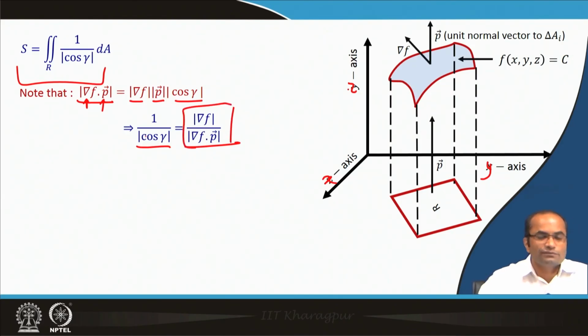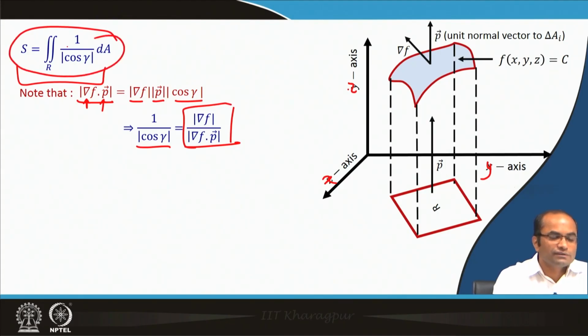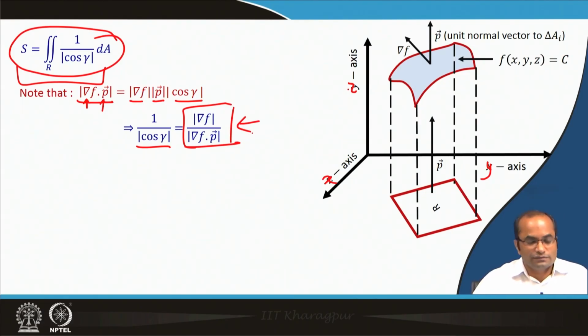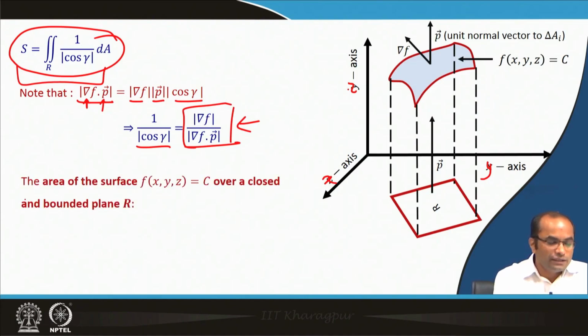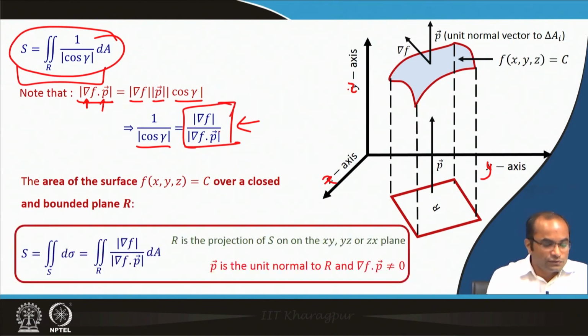Here we do not have to compute this gamma, because in this form the evaluation of the surface integral is certainly difficult. So we are forming a new formula which we can simply use to get the surface area. That is the relation here, and we replace it with del f over del f dot p. So we finally have this formula for computation of the surface area.